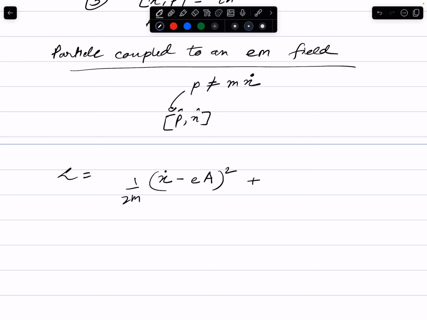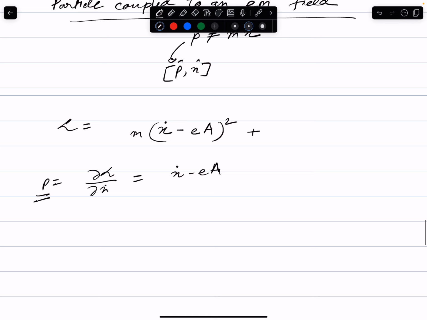And then you find that when you differentiate this, which is the kinetic term, with respect to x dot, it is no longer just m x dot. Your momentum is something like m x dot minus e A. So this is not the usual thing, but this p is the one you would have to use in quantum mechanics. So for this p, which is not m x dot, [x, p] equals i h bar.